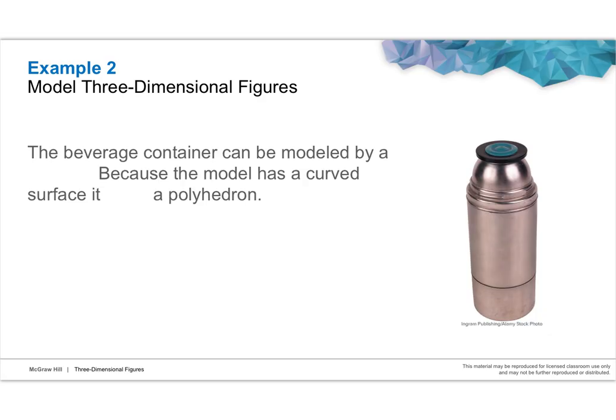As we look at the surface, of course, it has this rounded surface rather than a flat surface. And so we can see that the model for this is going to be a cylinder. Because the model has a curved surface, we are not able to call it a polyhedron. And so those are your fill-ins for this one.